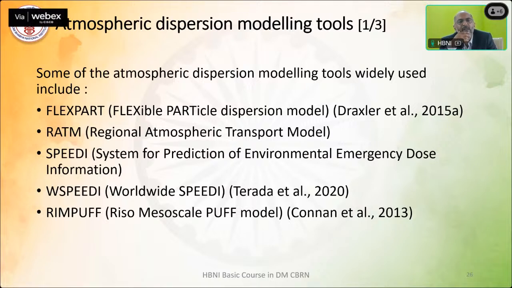This is one of the tools that was used in the Fukushima response, and worldwide SPEEDI and improvements of the SPEEDI models. And RIMPUFF is also an important model that is used in many dispersion or decision support system tools.